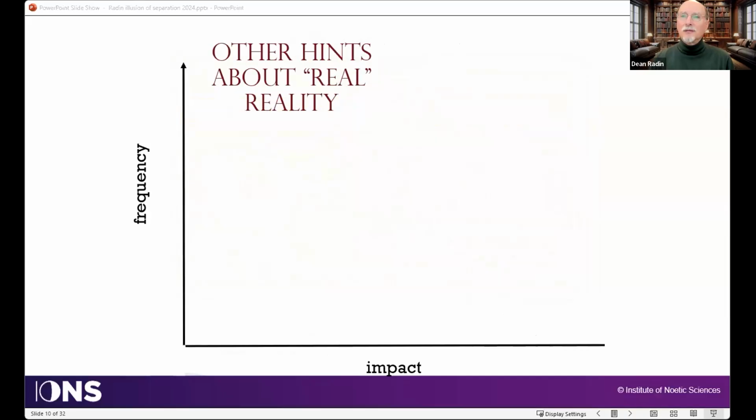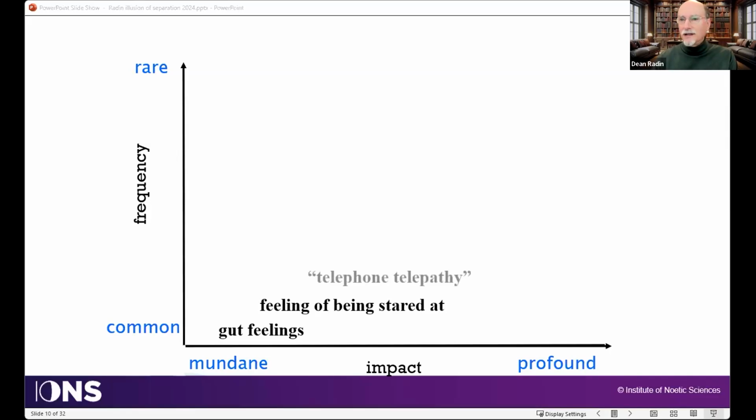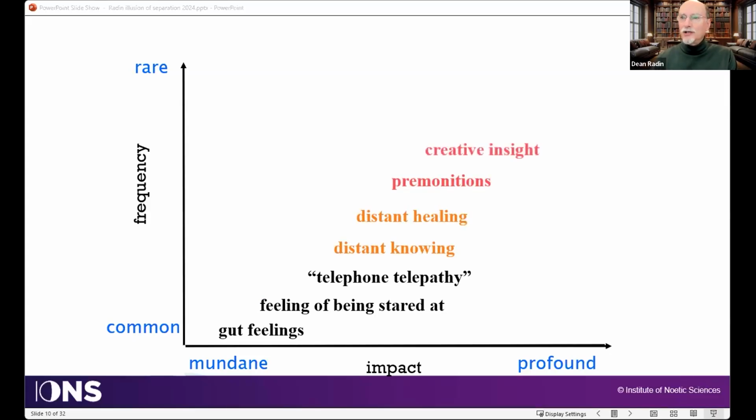So there are other hints about what real reality is. And so here I'm plotting the impact of an experience and the frequency of that experience. So down here, we have things that range from the mundane to the profound, and from the common to the rare. So common, mundane things, people get gut feelings about events. And then there's the feeling of being stared at, and telephone telepathy, distant knowing, distant healing, premonitions, creative insight, religious epiphanies, mystical union.